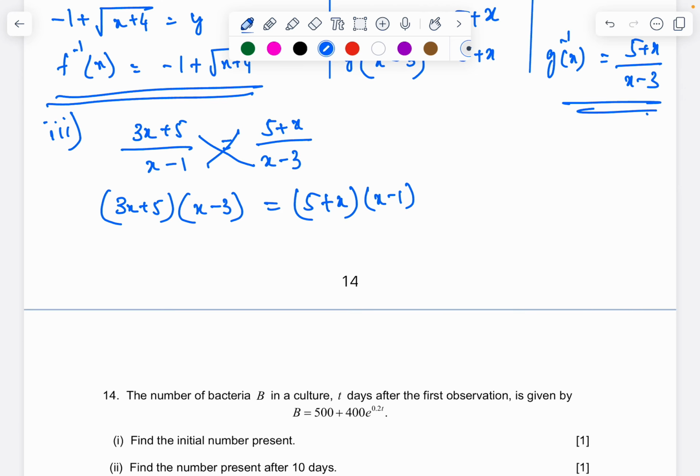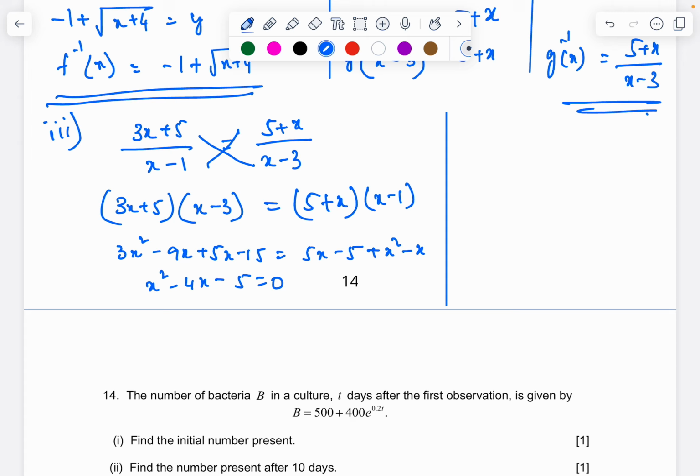When you simplify this, 3x square minus 9x plus 5x minus 15 is equal to 5x minus 5 plus x square minus x. When you put them together, you will get a quadratic. Then you simplify: x minus 5 times x plus 1 is equal to 0, x equal to 5 or negative 1.